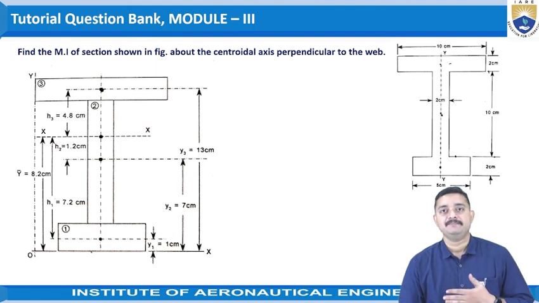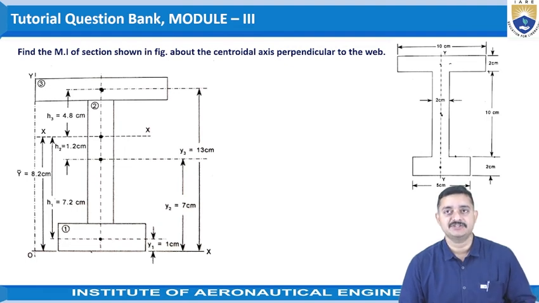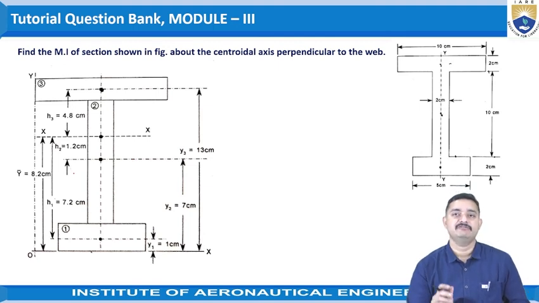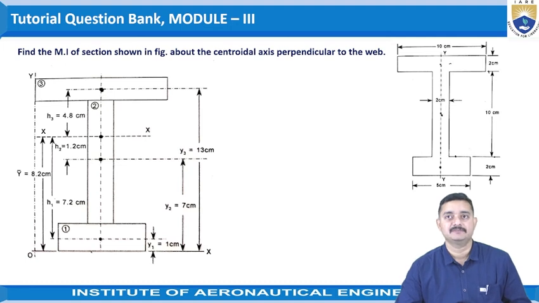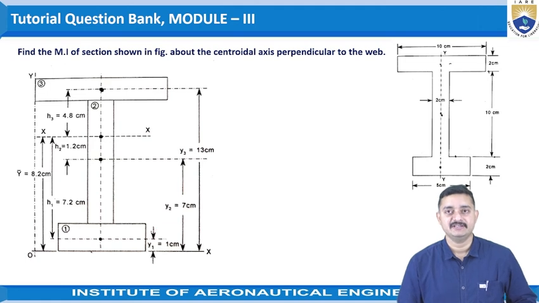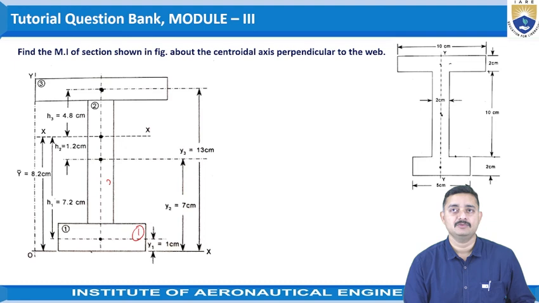Hence, we will identify the centroid first. As per the procedure for identifying the centroid, we will divide the given lamina into 3 parts: 1, 2 and 3.